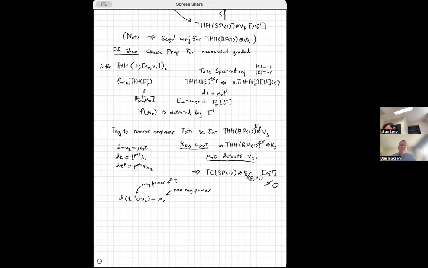So in a Tate spectral sequence, whenever you have a differential going from something with a negative power of T to a non-negative power of T, that differential is coming from the transfer map. The negative powers of T exactly correspond to the homotopy orbits of your spectrum, and the non-negative powers of T correspond to the homotopy fixed points. And this differential corresponds exactly to the transfer map. And so this differential tells you that mu2 is in the image of the transfer.